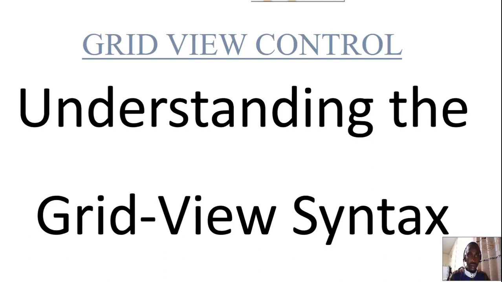Before we proceed into the hands-on, there is another very important area we will talk about: the grid view. The grid view is an interface that helps the end users of the web to see what is happening at the back end.